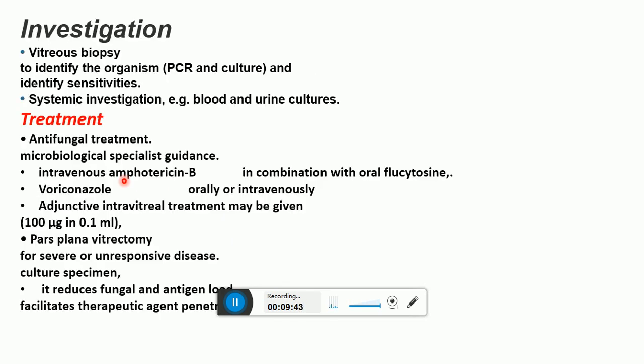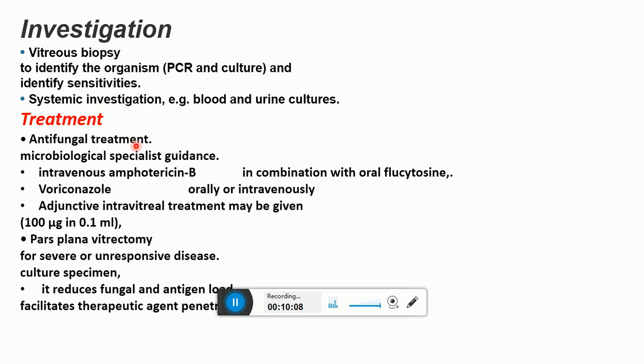Vitreous biopsy using a vitreous cutter is done to identify the organism and its sensitivities. Systemic investigations include blood and urine cultures. Treatment is antifungal treatment chosen with local microbiological specialist advice.